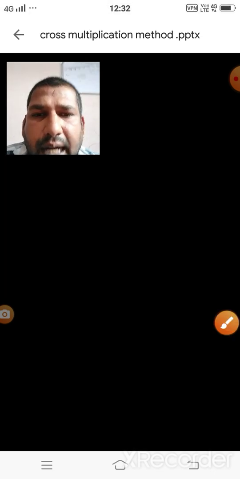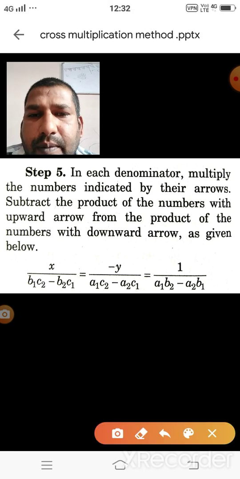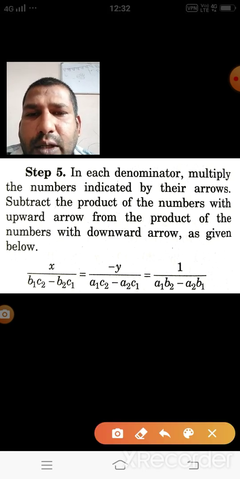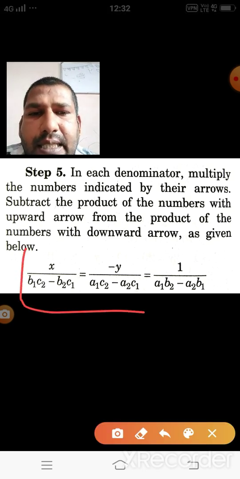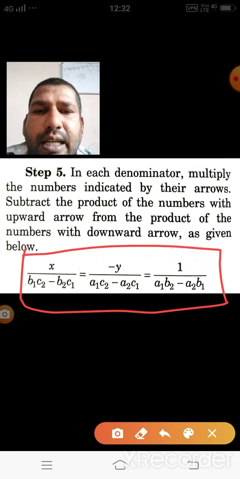Now we write down these values as x upon this. You may learn the equations: a1 is the coefficient of x in the first equation, a2 is the coefficient of x in the second equation.